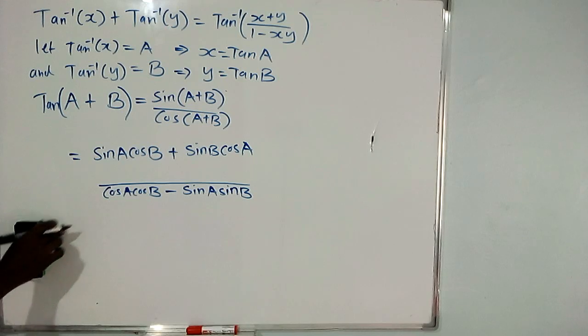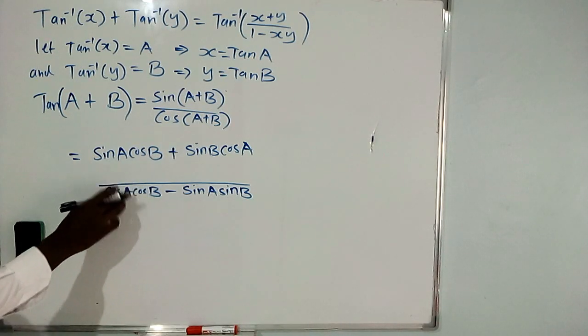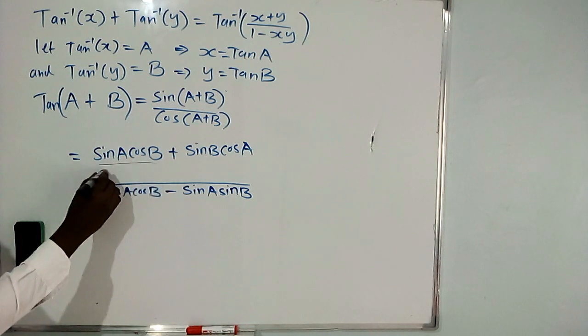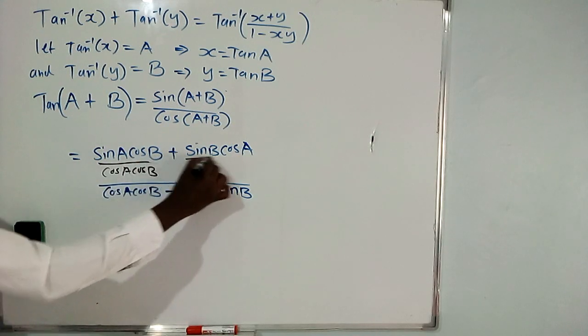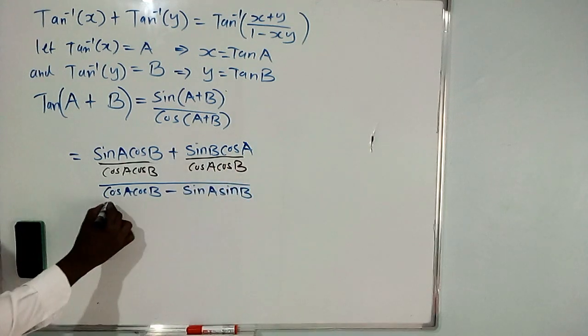Because tan a will be sin a over cos a, and tan b will be sin b over cos b. Meaning we divide both the numerator and the denominator by cos a cos b. Because on the right hand side of the equation we have x and y, which are in terms of tan a and tan b respectively.